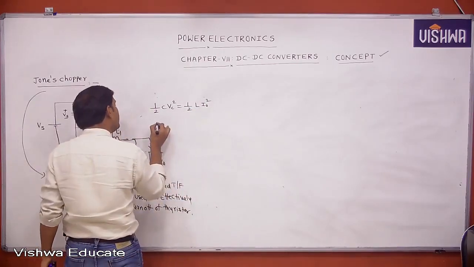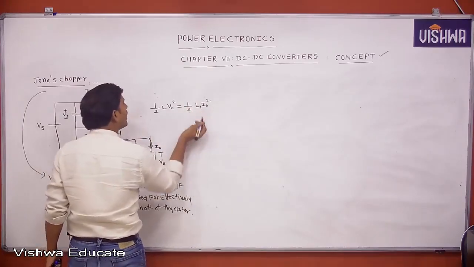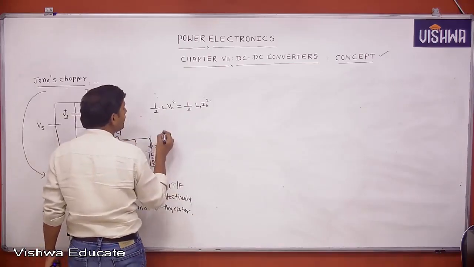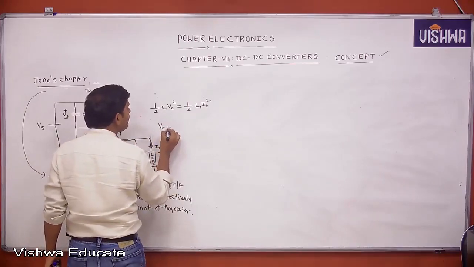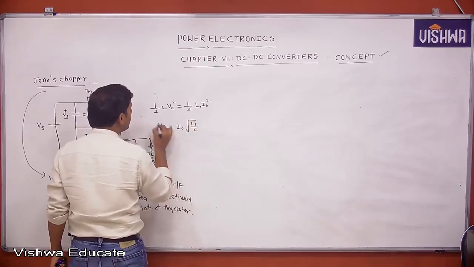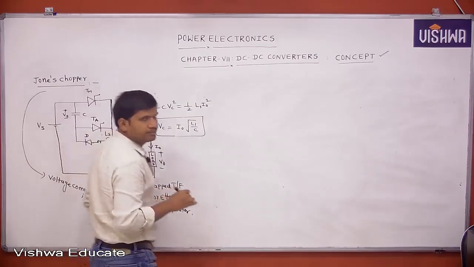From this, the voltage that rises is Vc equals I0 into square root of L1 by C. This is the voltage across the capacitor, one point to remember.